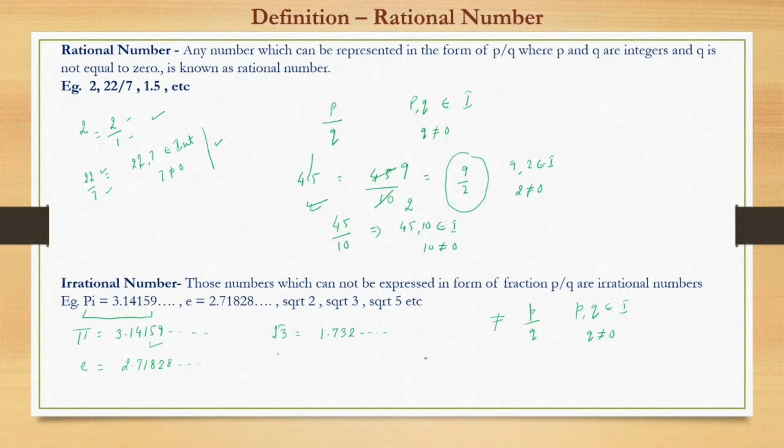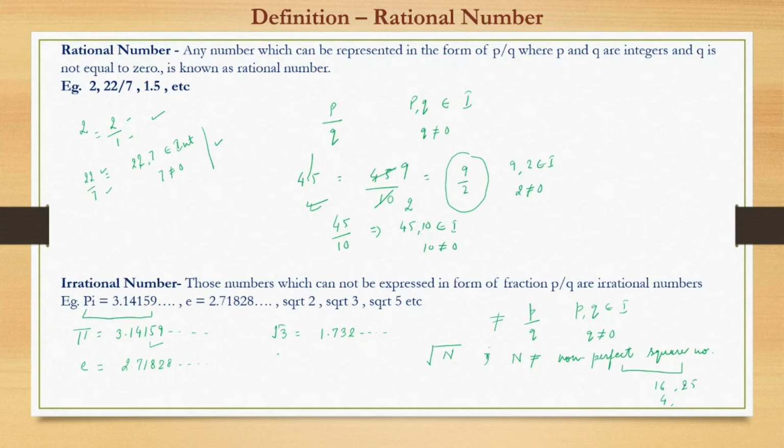For your information, the square roots of all numbers which are non-perfect squares are irrational numbers. If n is not a perfect square number, what are perfect square numbers? Perfect square numbers are like 16, 4, 25, which are the square of an integer, to be very precise.